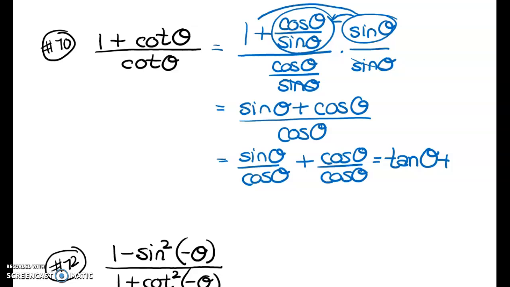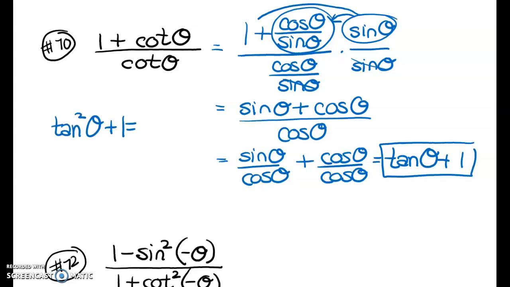And of course, cosine over cosine is 1. And remember, that is definitely not one of my identities, because my identity is tangent squared of theta plus 1 equals secant squared of theta. This is not squared, so I cannot use a Pythagorean identity to reduce this anymore.